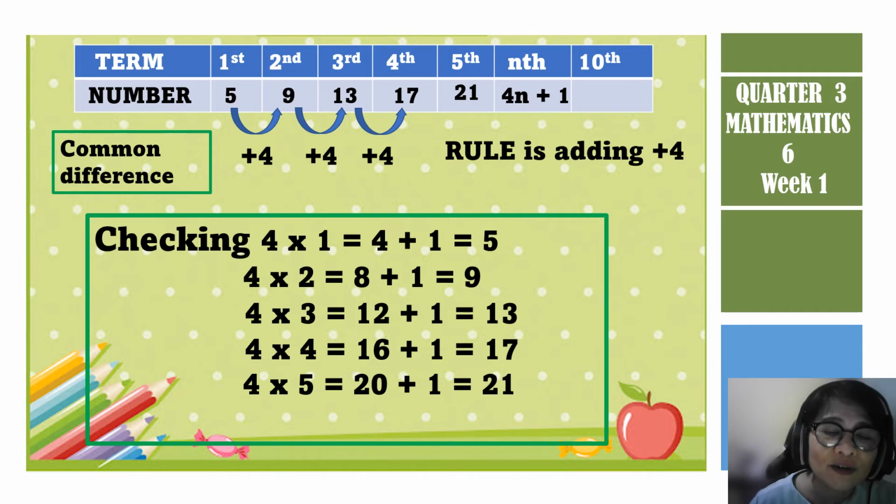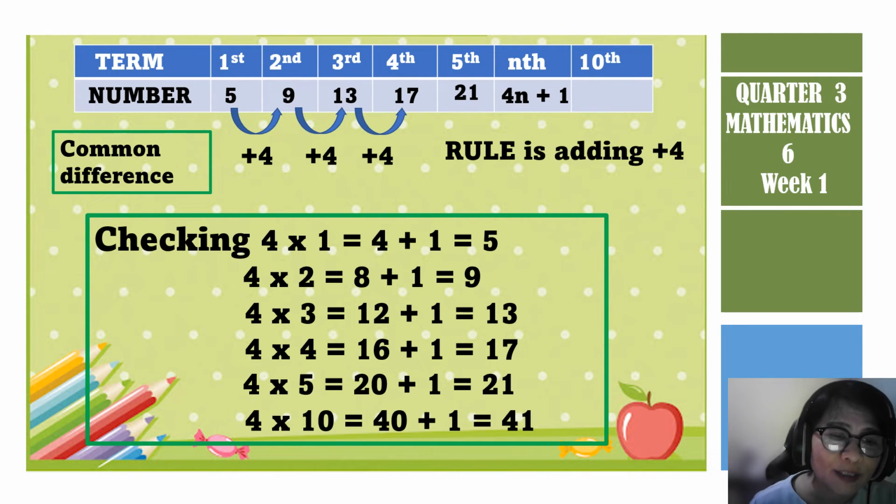And using our formula, 4n plus 1, we can now find the 10th term easily. So, let us multiply. 4 times the 10th term is equal to 40, plus 1 is equal to 41. So, our answer here on the 10th term of the sequence is 41.